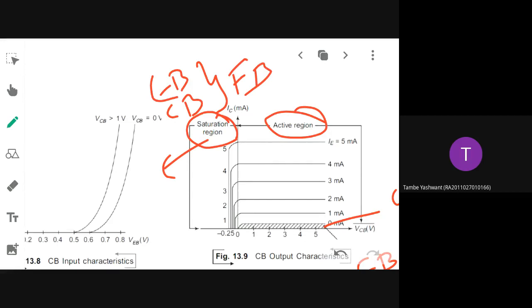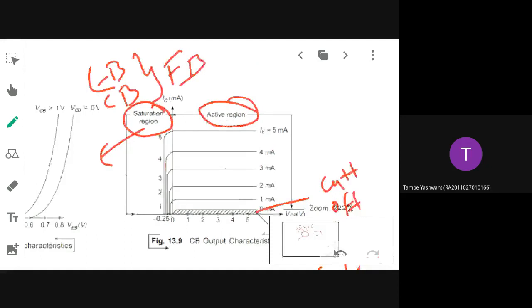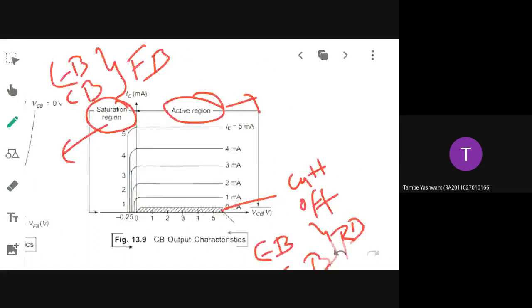But if you want the operation to be amplification, then what region should the transistor operate in?